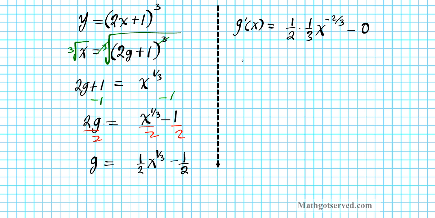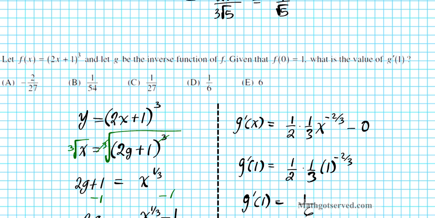Okay, derivative of 1/2 is 0. I don't need to simplify and waste my time. I just plug in 1 for x and then go from there, okay? So 1/2 times 1/3 times 1 raised to the negative 2/3. Simplify that. G prime of 1 is equal to 1 over 6. Our final answer is option letter D.